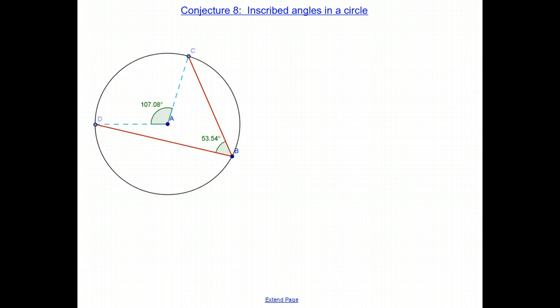Let's just call it 53.5 degrees. I have also used GeoGebra to find the measure of the central angle that angle CBD intercepts, and found that the measure of angle CAD, which coincidentally is the same measurement as this arc here highlighted in purple, was approximately 107 degrees.